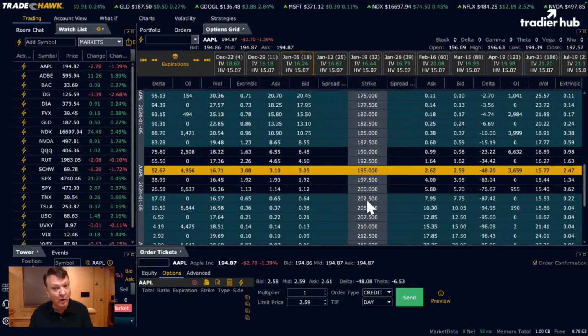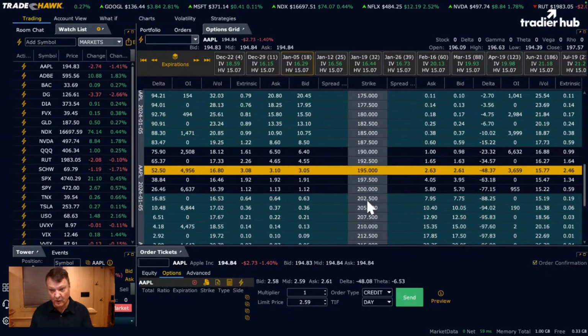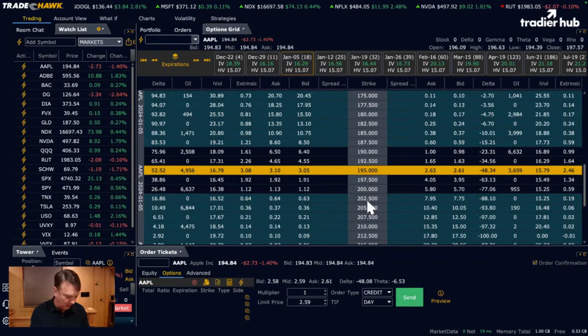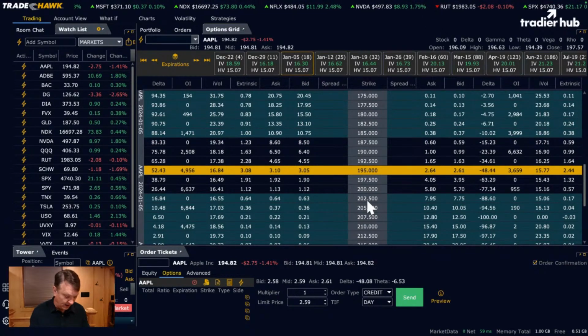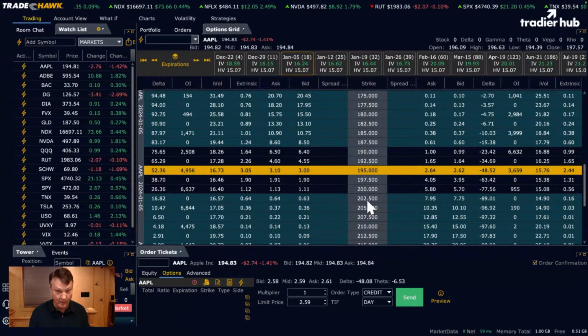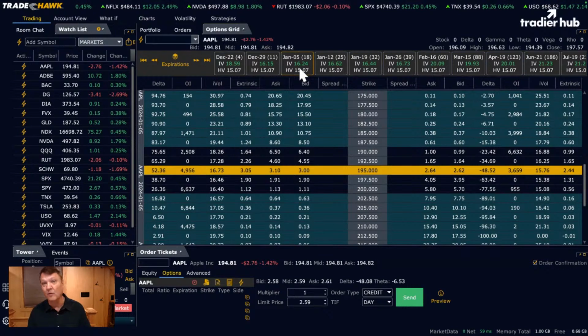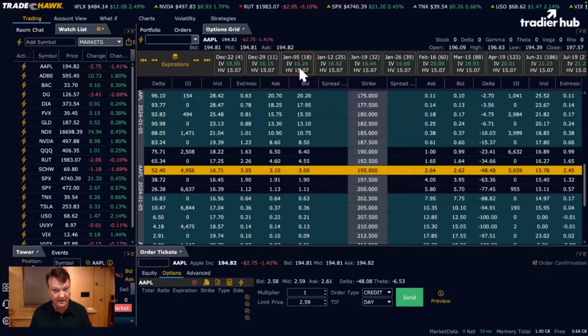And even though you own more of them, you still got to say, do I think that underlying stock will get to that price? So we're talking here 7.5 points on a $195 stock. That's 4% in 18 days. That's a decent return over months, let alone in 18 days.